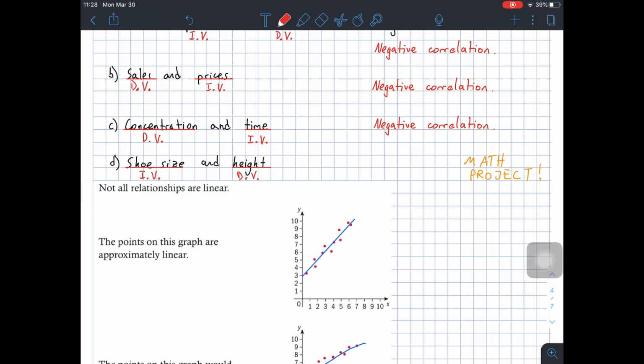And in this case, as shoe size increases, the height usually tends to increase as well, right? So in this case, we're talking about a positive correlation.